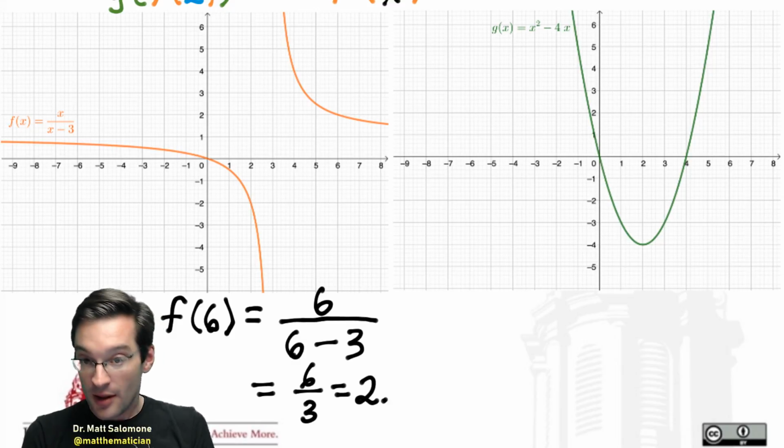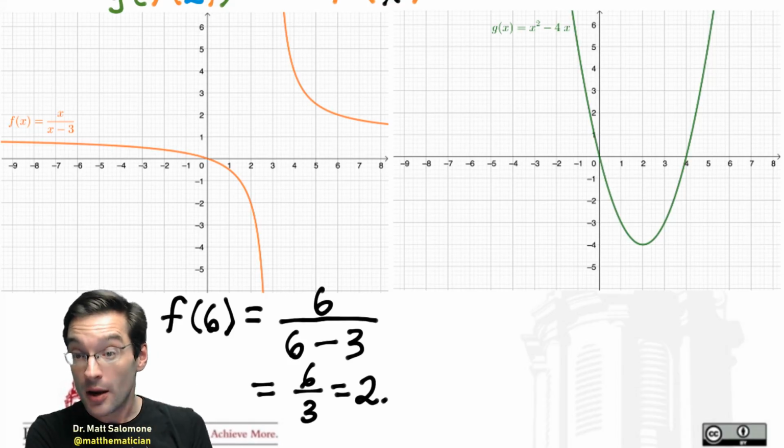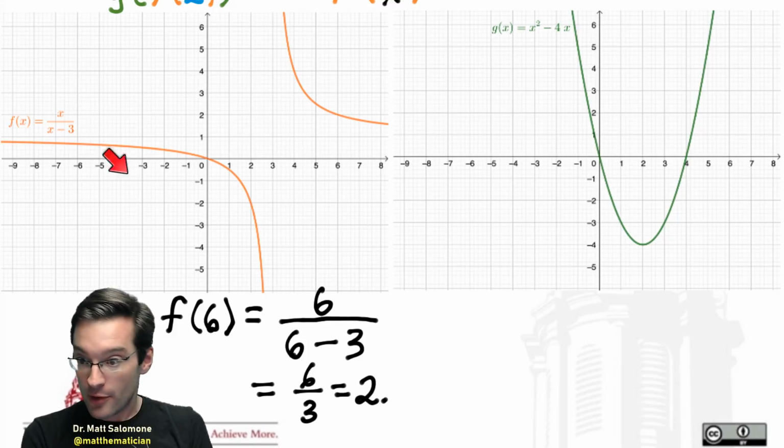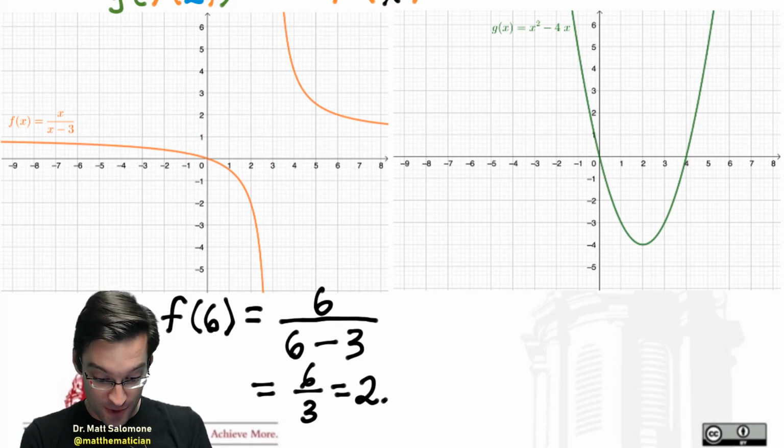So on the one hand, that's my algebraic perspective. I can just use the formula and plug and chug to answer the question, what is f of 6? But I also have a graph, and I can use the graph to give me an answer to that same question.